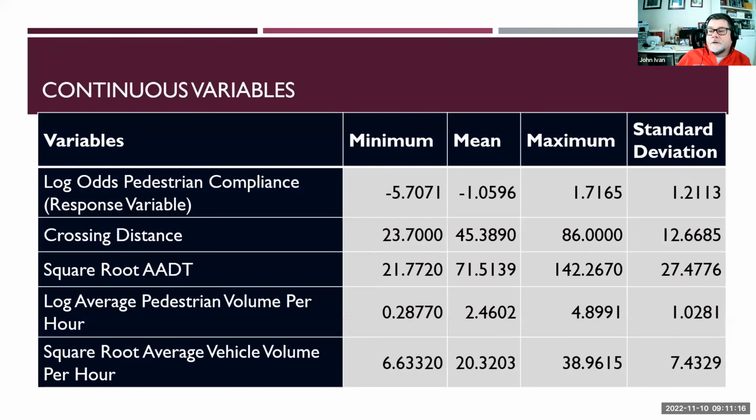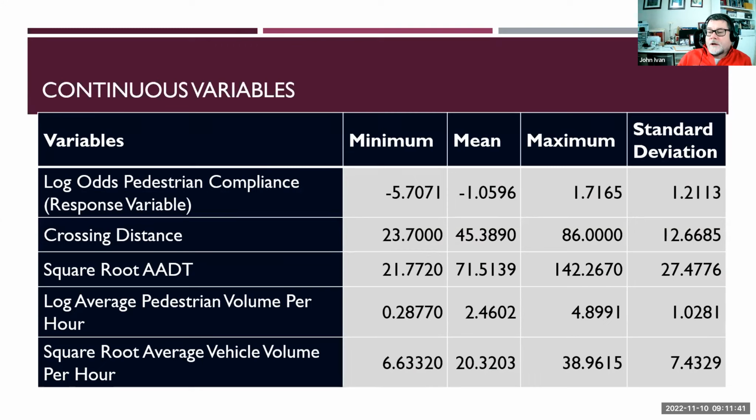Then we have what we calculated, which was the log odds of the pedestrian compliance. So for each particular pedestrian at an intersection, was the pedestrian compliant or not. So we have what proportion of them were compliant. That's our response variable. And then we have crossing distance. We used the square root of the AADT, which was found to be the best for representing that.